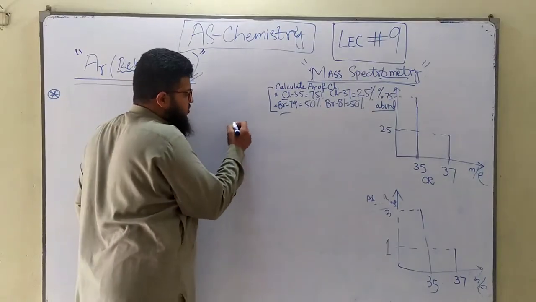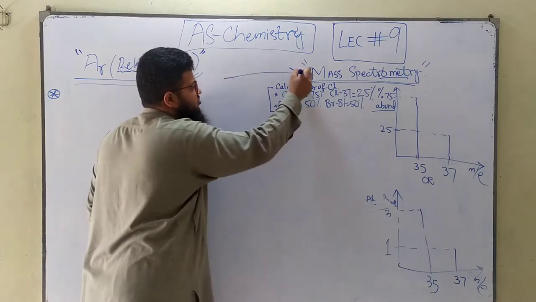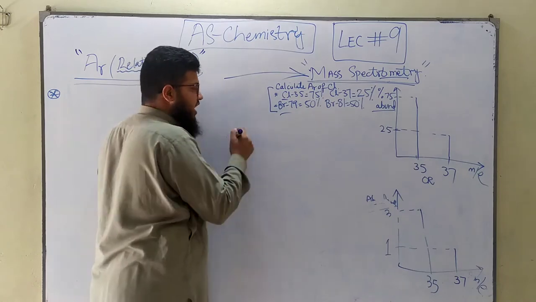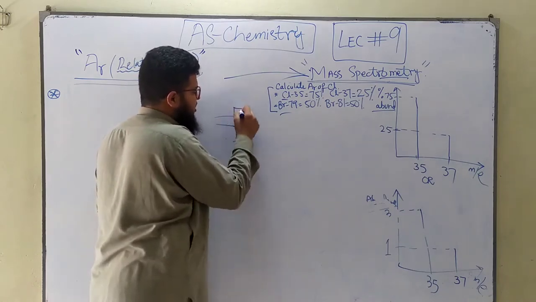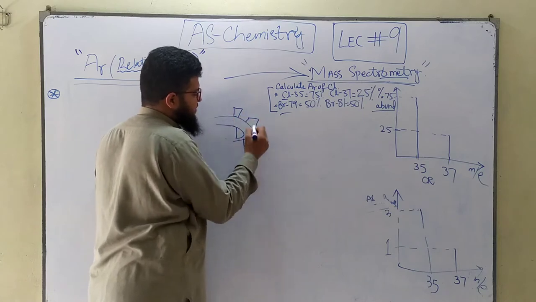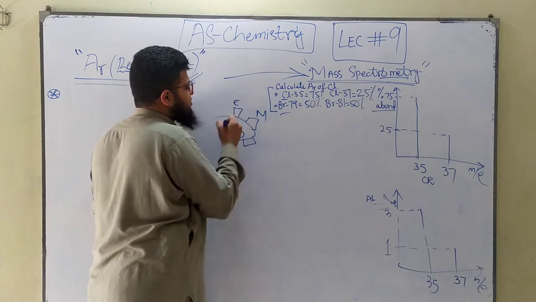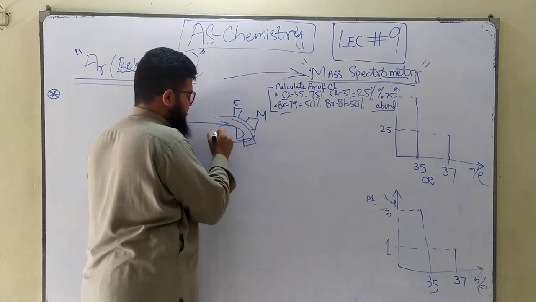In order to calculate the relative atomic mass, the information that we need will come from mass spectrometry. I'm assuming that you know what a mass spectrometer looks like, that diagram given in your books, with the electromagnets and electric fields and a beam coming in, deflecting and hitting here.